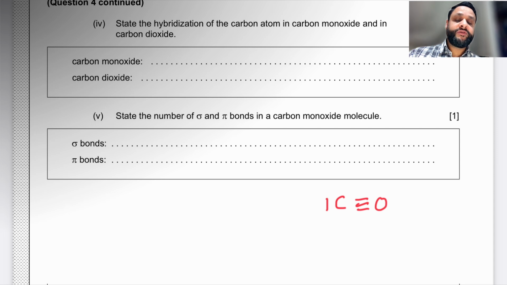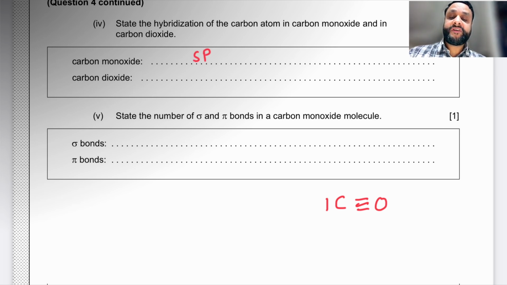So we can see there are 2 domains. The triple bond is considered as 1 electron domain and the lone pair is another electron domain. We are looking for 2 hybrid orbitals. So one s and one p will merge together and give us 2 new hybrid orbitals. Hence the hybridization in carbon monoxide will be sp.